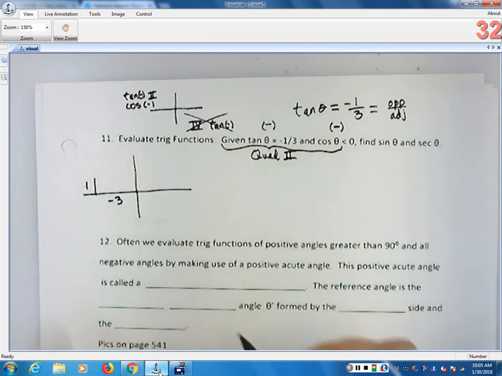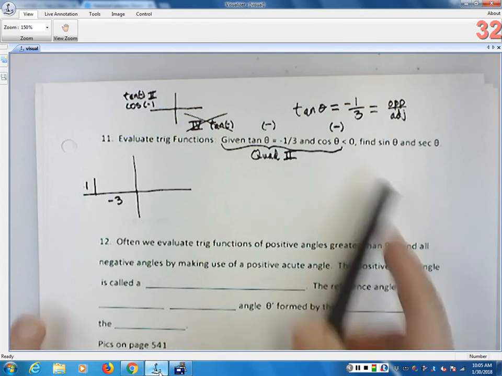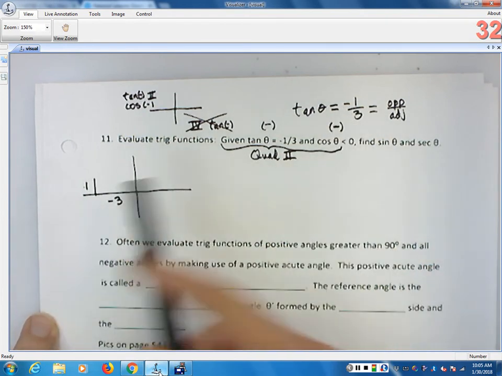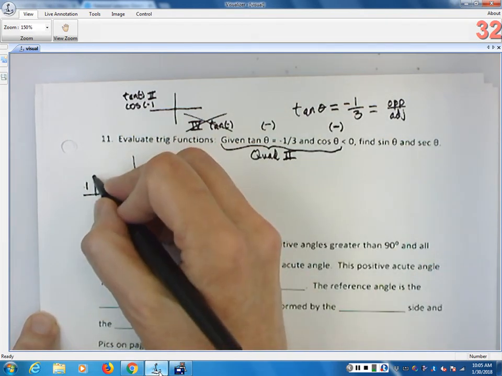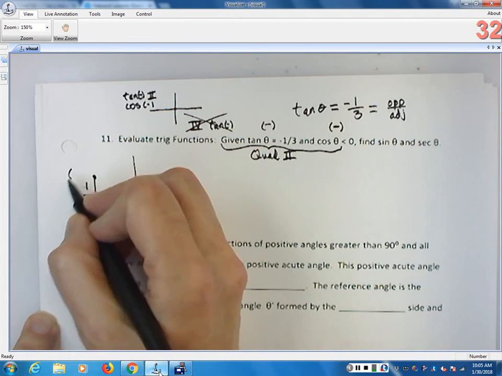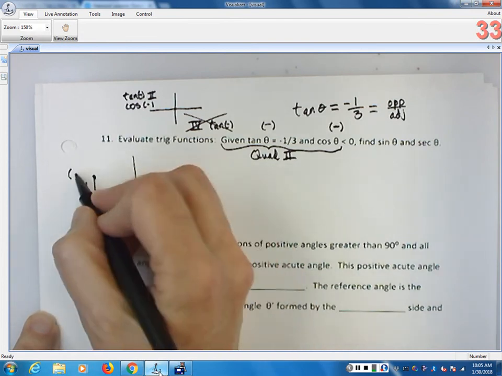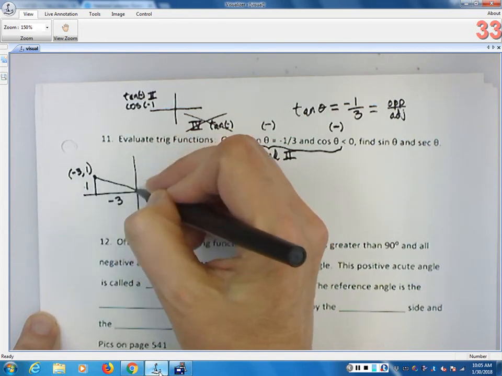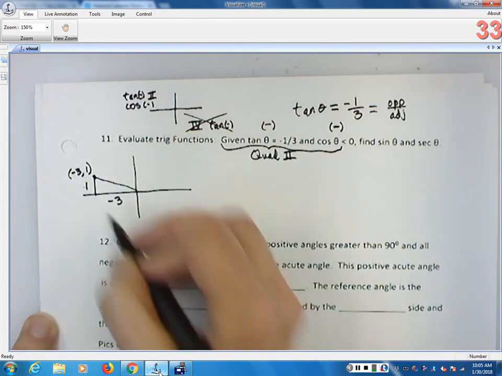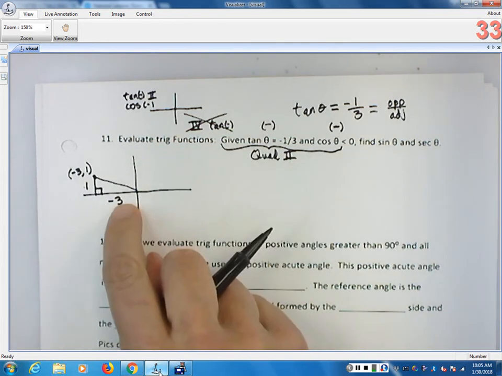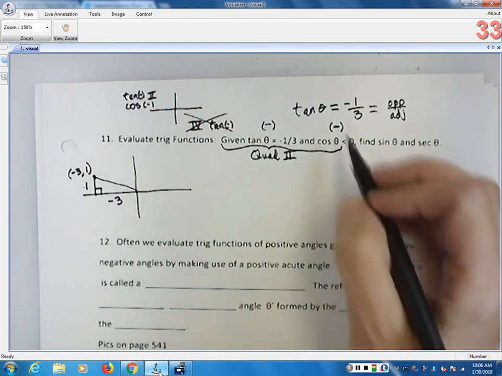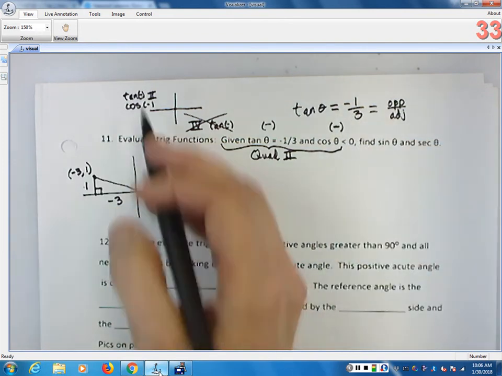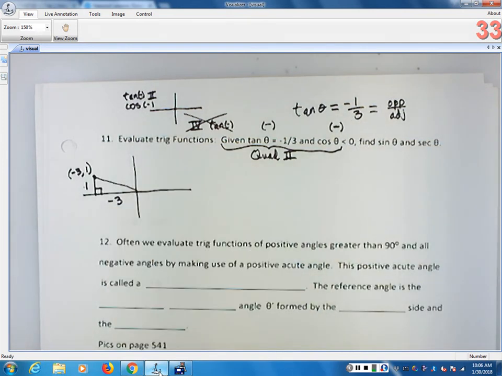I'm going to have to move this negative sign in order to be in quadrant 2. P is going to be the point (-3, 1). There's my triangle. We have to make cosine, x, negative. We have to move this negative sign to be in quadrant 2. Here's our theta.